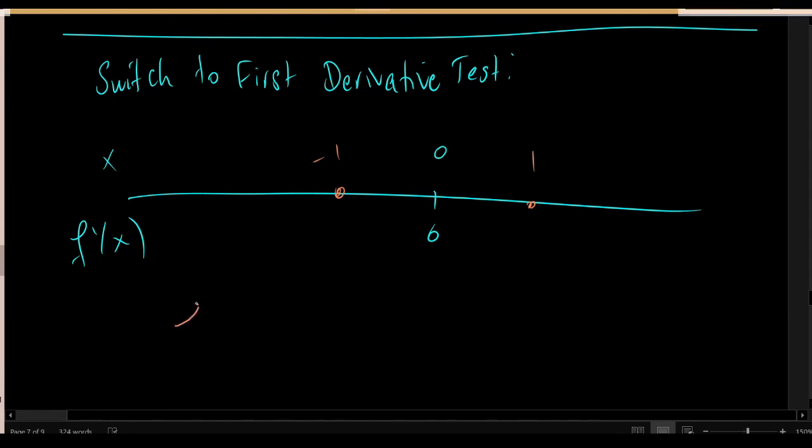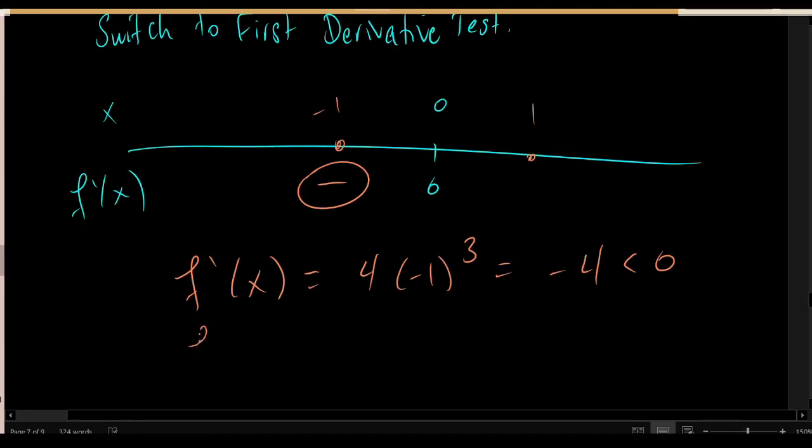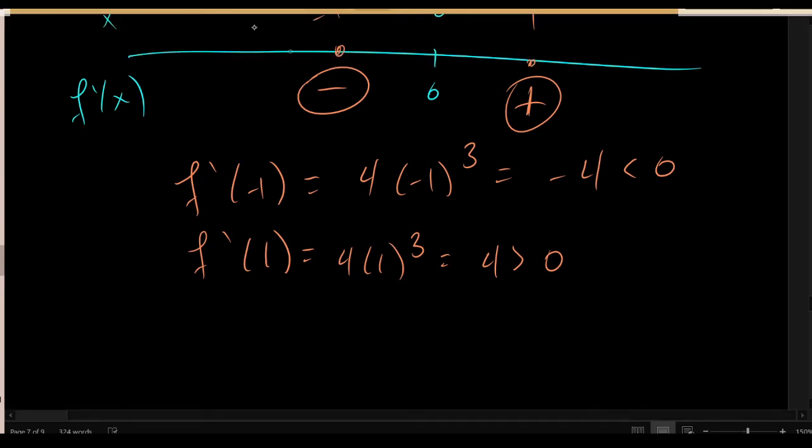So if I plug negative 1 into my first derivative, I get 4 times minus 1 cubed, which is a negative number. And if I plug positive 1 into my first derivative, then I get 4 times positive 1 cubed, positive 4, and that's a positive number. Which means that my original function must be decreasing to the left and increasing to the right of x equals 0.